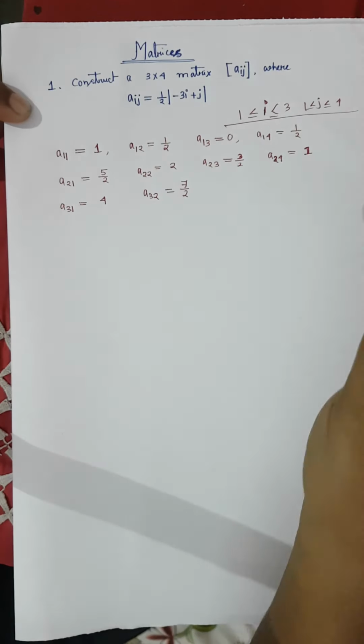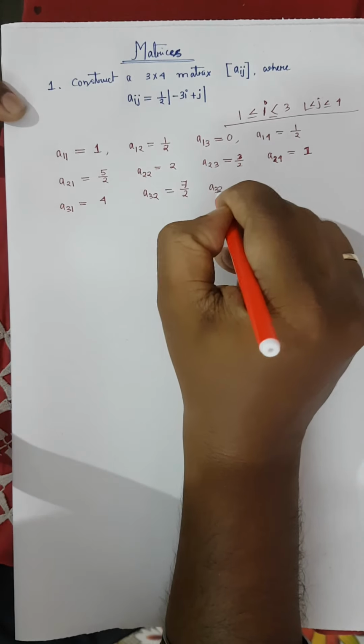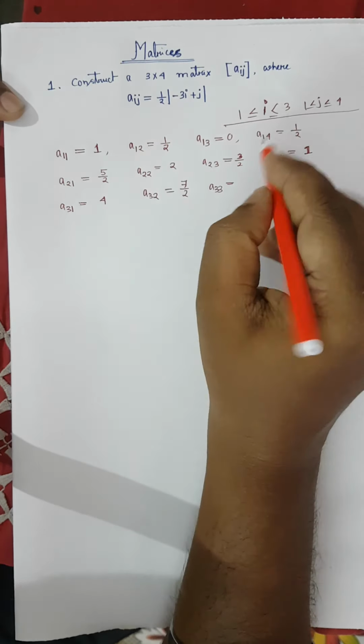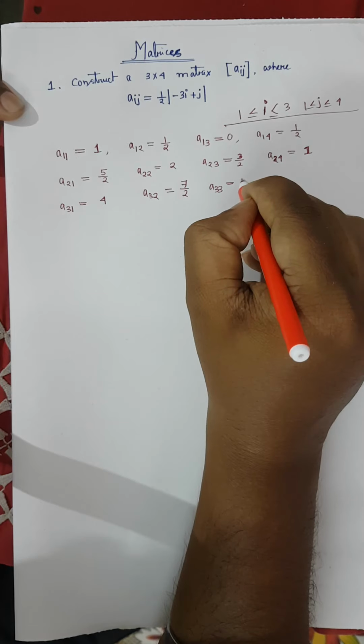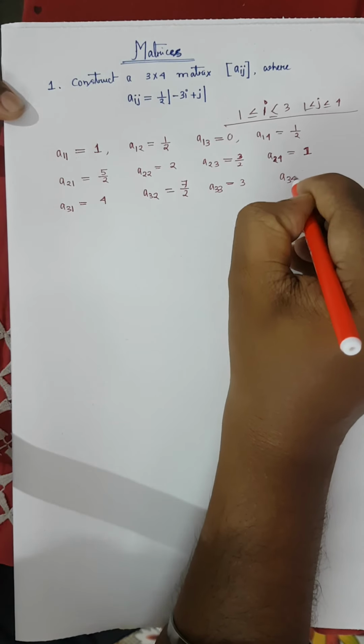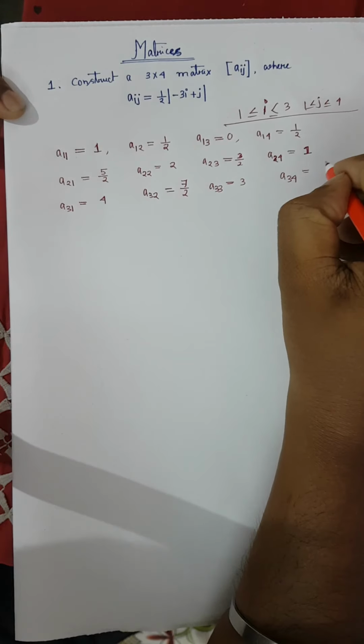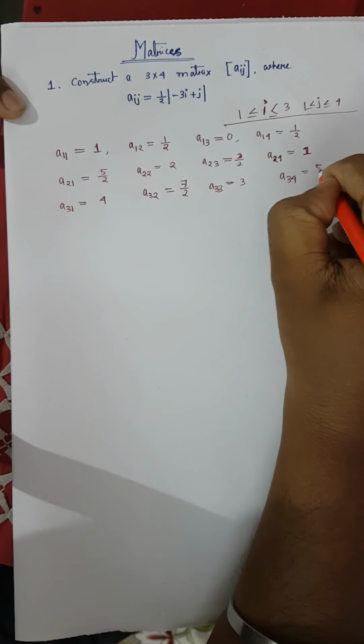See, after mod it becomes positive. a33, third row third column, minus 9 plus 3 is minus 6, mod 6 by 2, 3. And a34, third row fourth column, minus 9 plus 4 is minus 5, take mod plus 5 by 2.